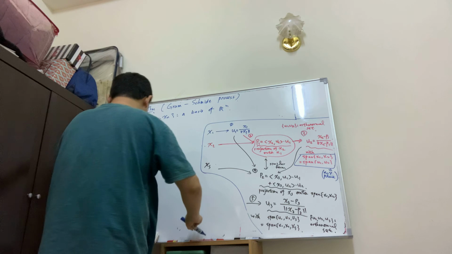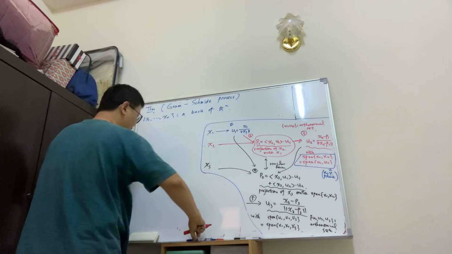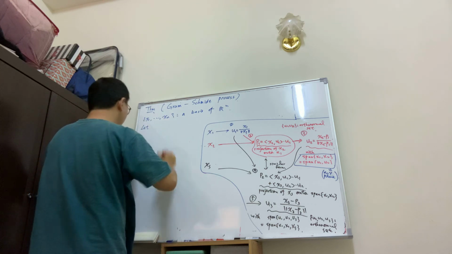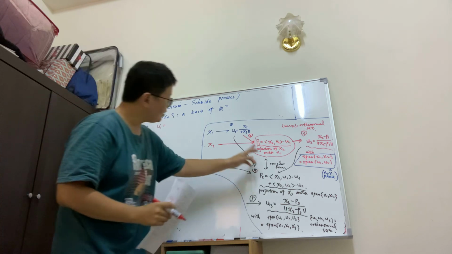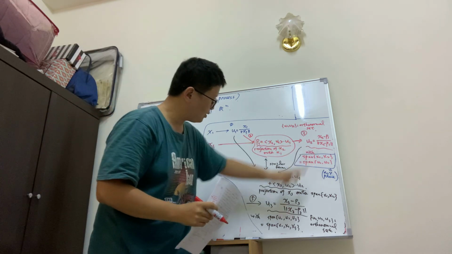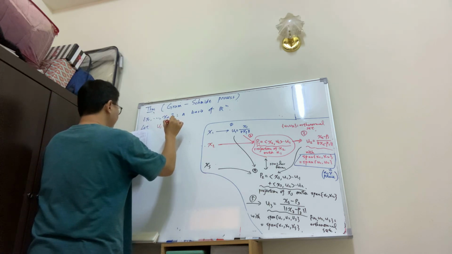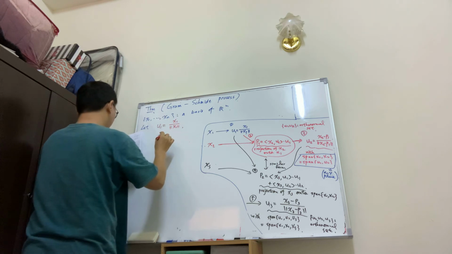And how do we get the orthonormal basis? U1 is this one, U2 is this one, U3 is this one. So let U1 be S1 divided by its length, and so on.